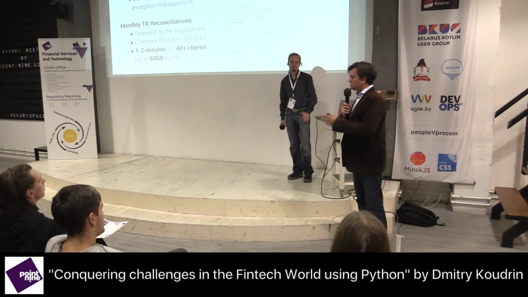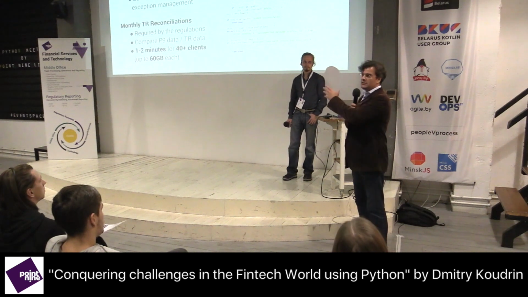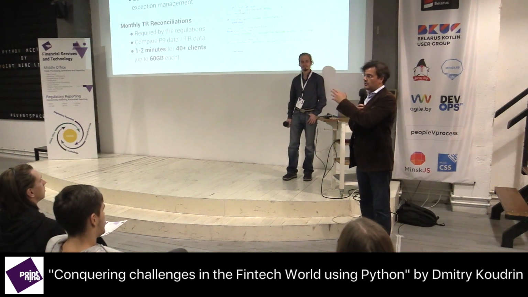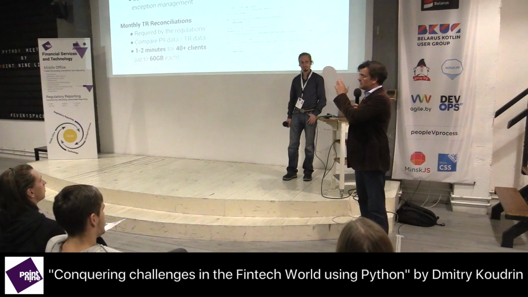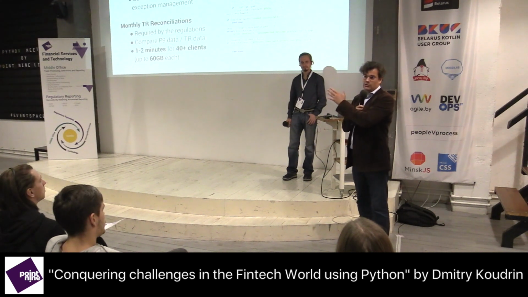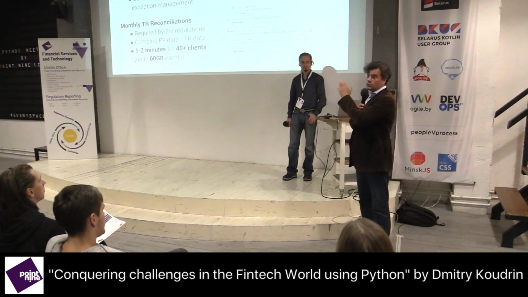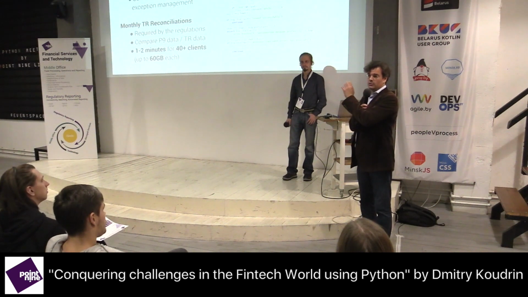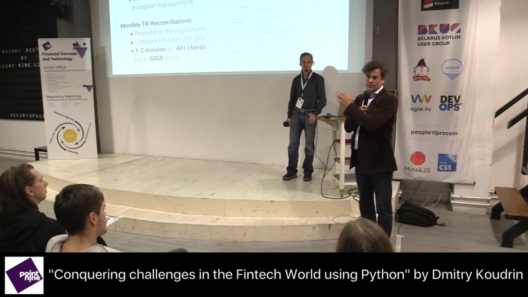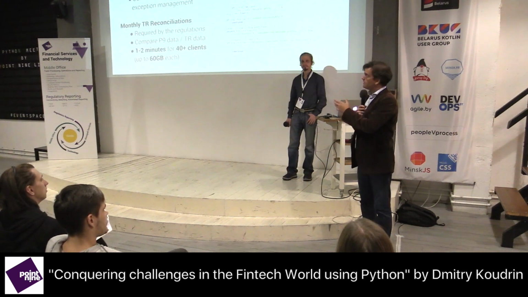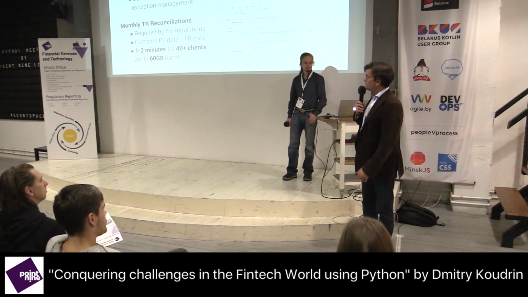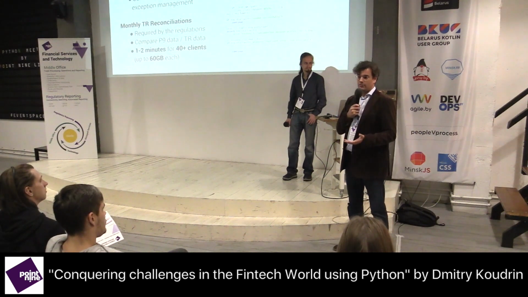So the interesting part about this whole reg business that we've shown is that we can manage these huge numbers of transactions, which also produce a huge number of errors. We can manage all this more or less automatically because of Python, because we can do all the exception management in Python, and we don't have to use human labor for this.